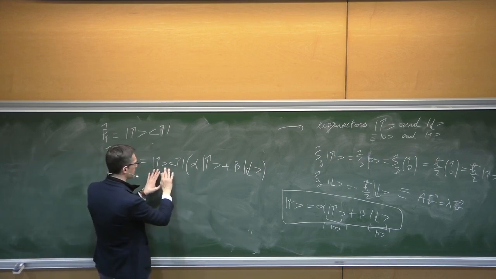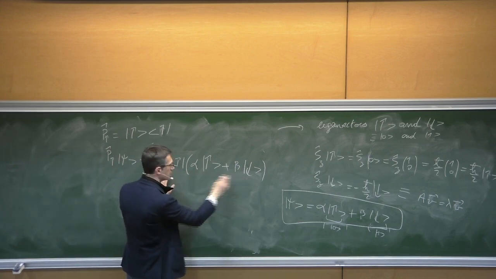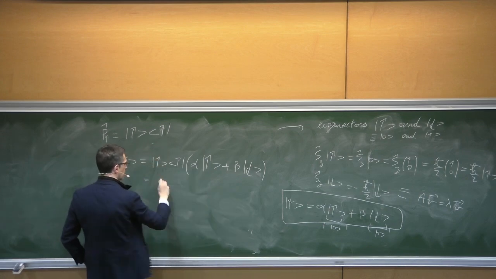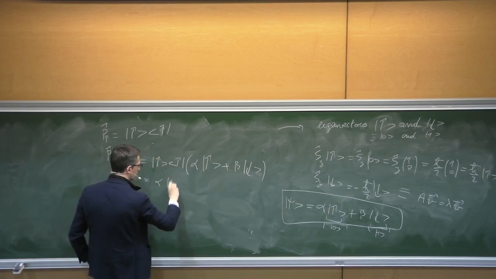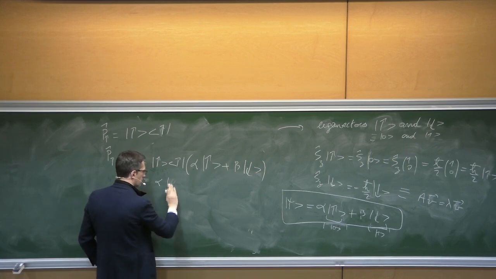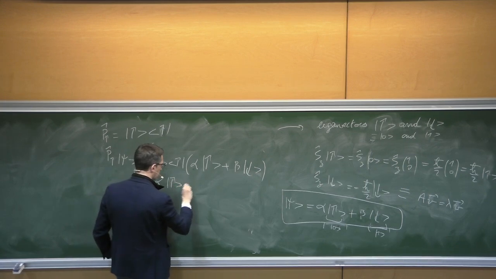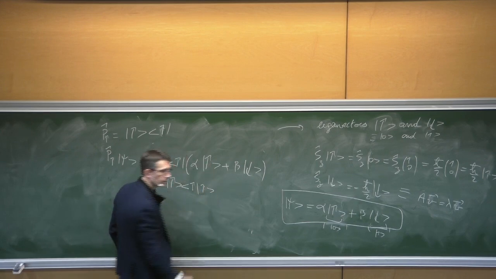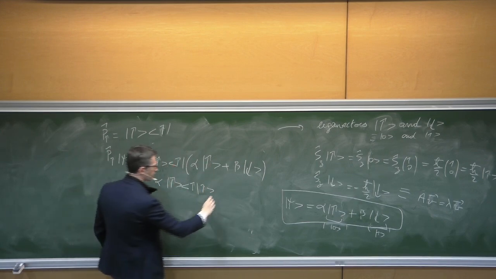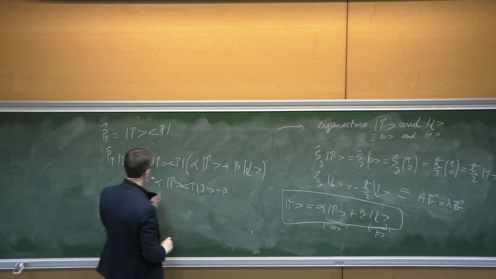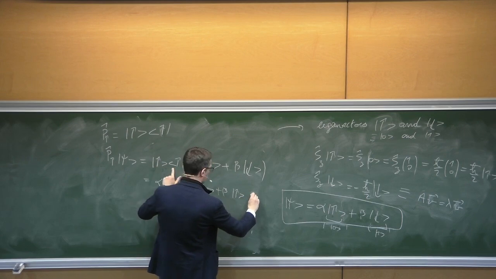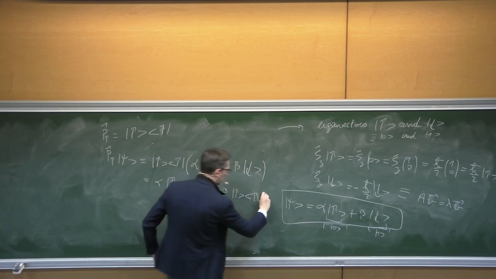So that means this times this plus this times this. Alpha and beta are numbers, so I can take them out. So that means I have alpha ket up, bra up, and then ket up again, plus beta ket up, bra up, and then ket down.